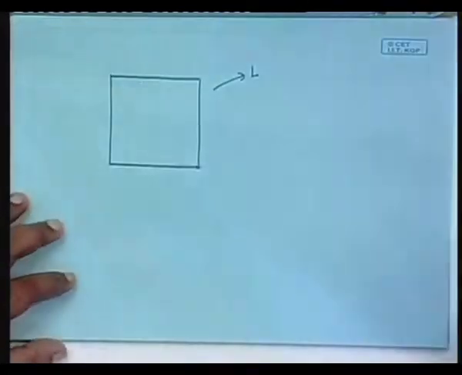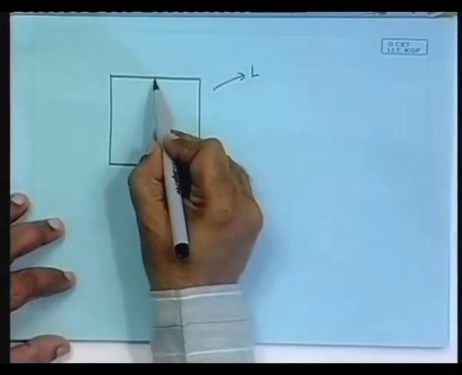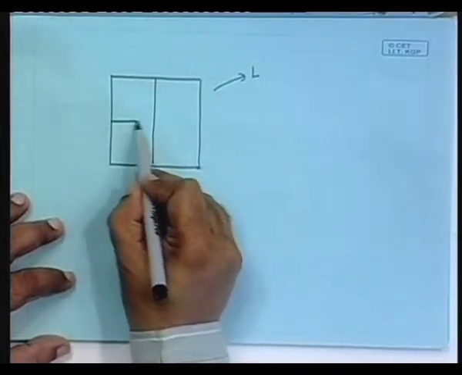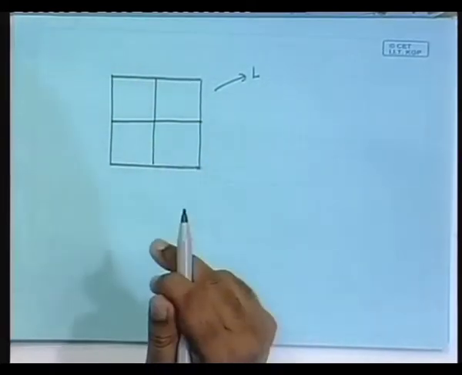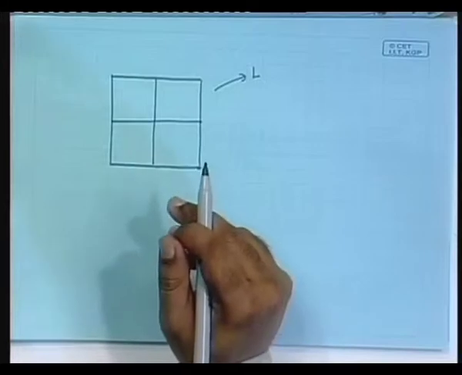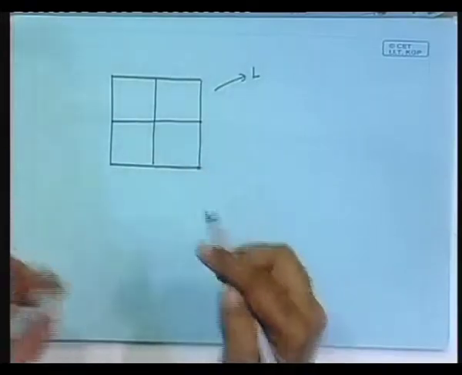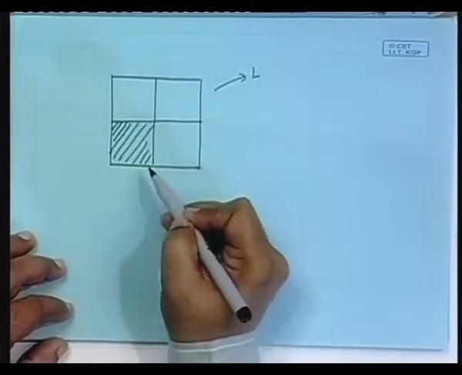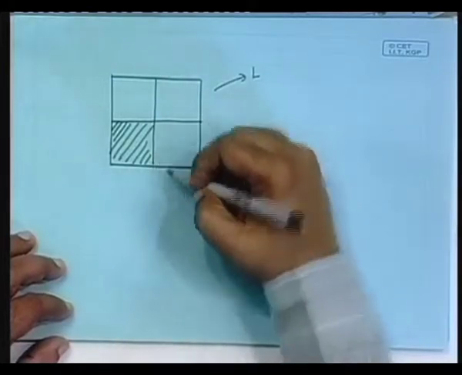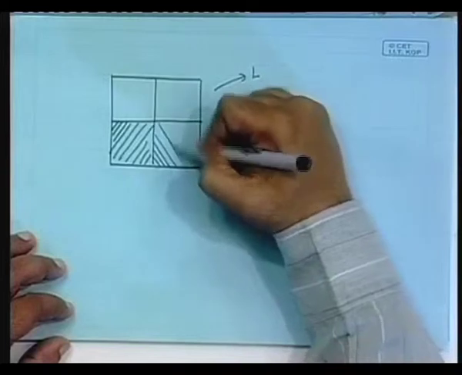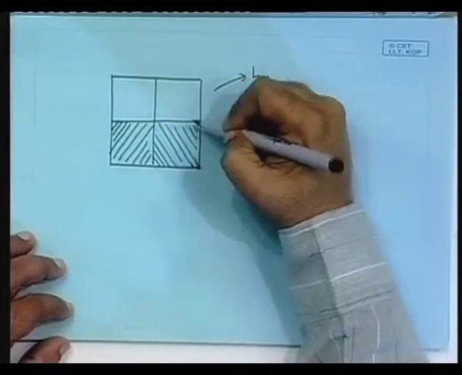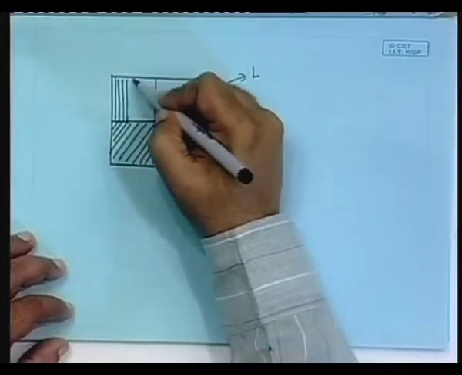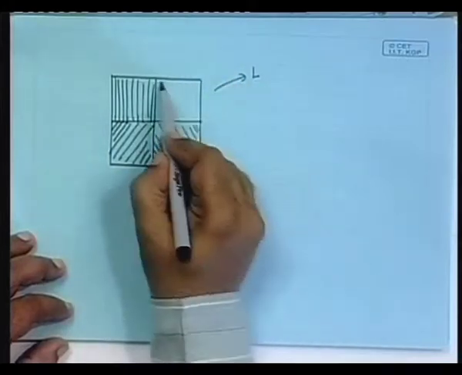How can you do that? Simple. You break this square up into 4 and design the affine transformation such that the first affine transformation generates this, the second one generates that, the third one generates this, and the fourth one generates this.